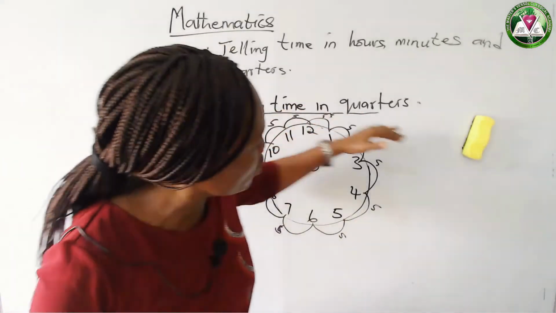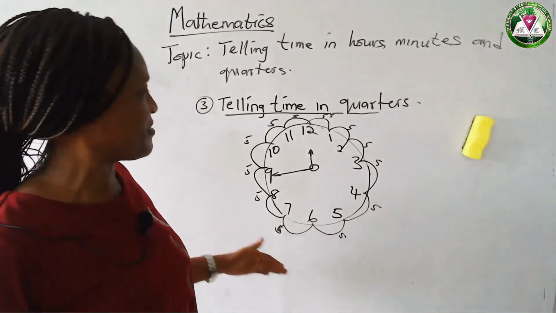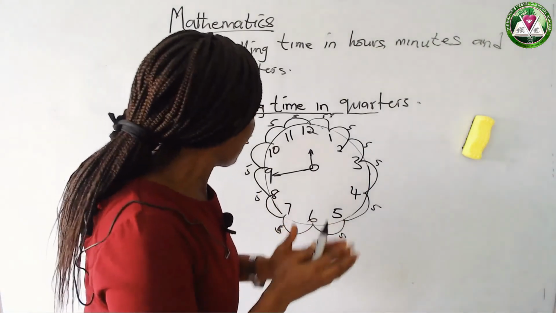If you count all these 5s, they all make what? 1 hour.